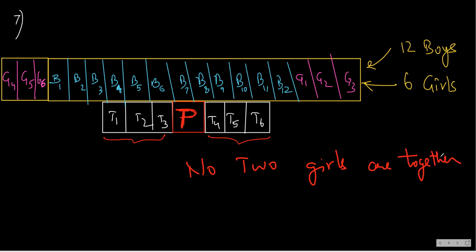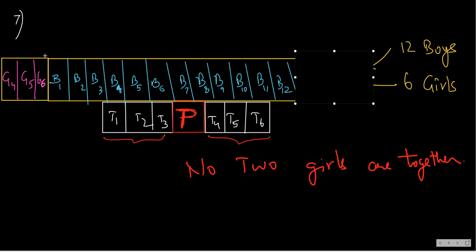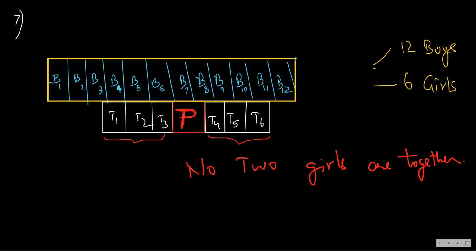What does it mean? Very simple. Students, try to understand. You cannot have G1, G2 beside each other, G2, G3. This is not allowed. So how should these girls be placed? The required arrangement could be fulfilled if you are placing these 6 girls in such a way that no two girls are together.